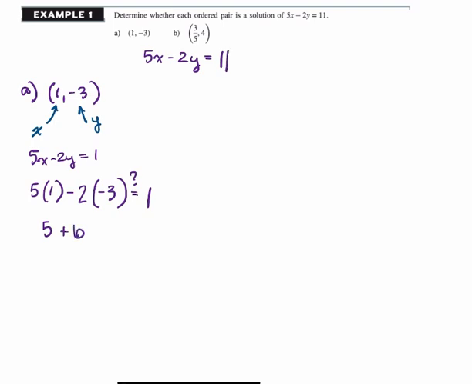5 plus 6 is in fact 11, which is true. So we can say the point 1 comma negative 3 is a solution to our equation.